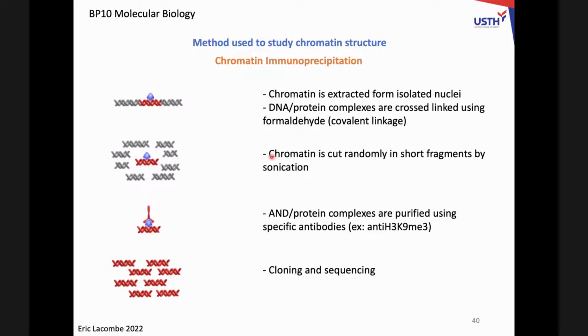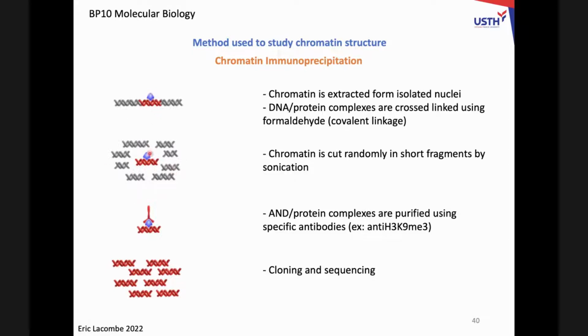So the system is blocked from this step. Third step, we randomly cut this chromatin using a physical method. We can use sonication. Sonication will break DNA randomly. So from the full chromatin cross-linked with formaldehyde, we now have plenty of different fragments. In the drawing, you see this little piece of red DNA, and there is a protein interacting with it.